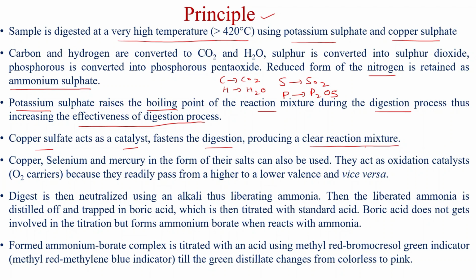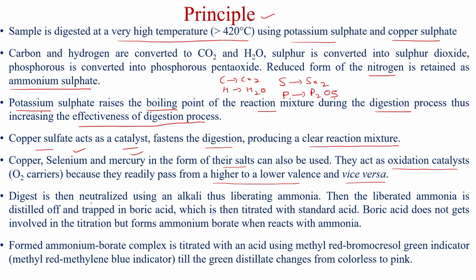Apart from copper, selenium and mercury in the form of their salts can also be used, and they act as oxidation catalysts because they readily pass from a higher to a lower valency, and vice versa. Most of the time we use copper sulfate only.